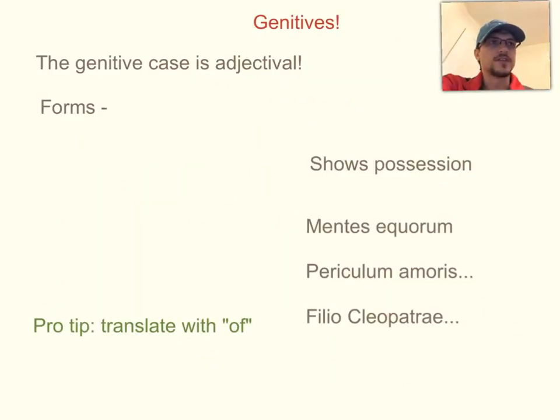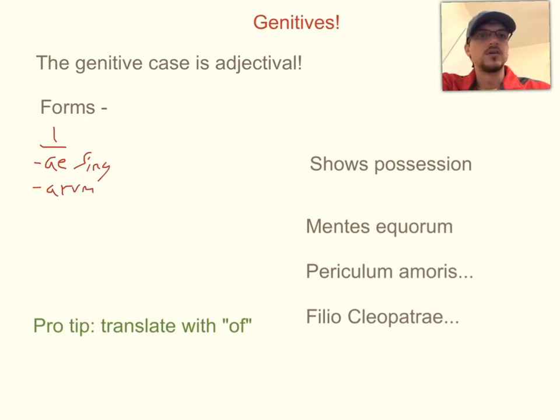The other form of adjectival modification we're going to go over is the genitive case. And you probably recall those from your declining work in class and for your homework. But just in case, I will go over the endings right now. In the first declension, the singular form is an AE, and the plural form is an ARUM.